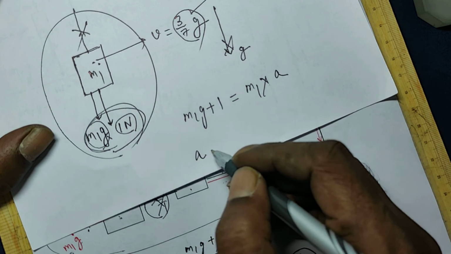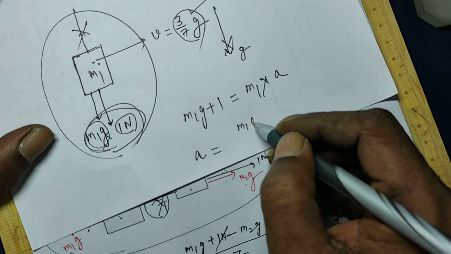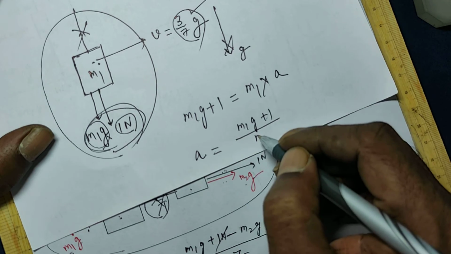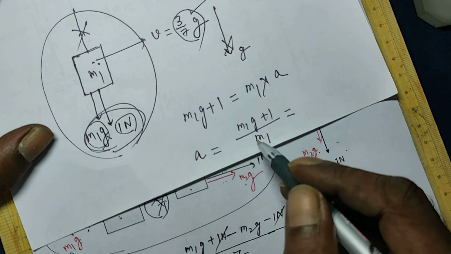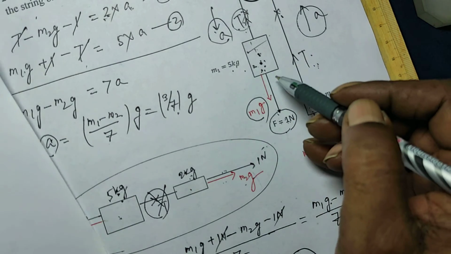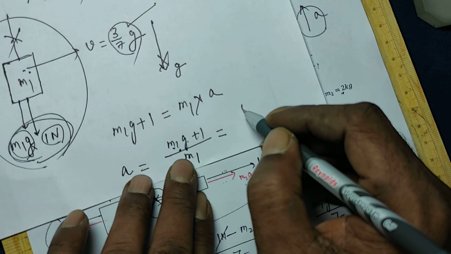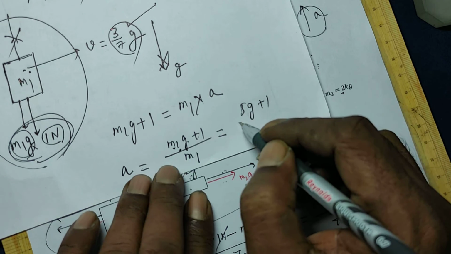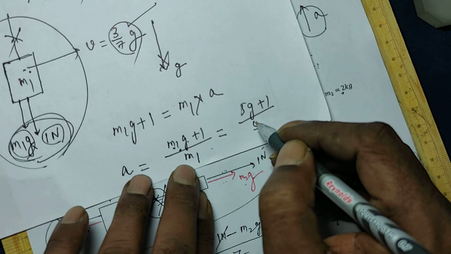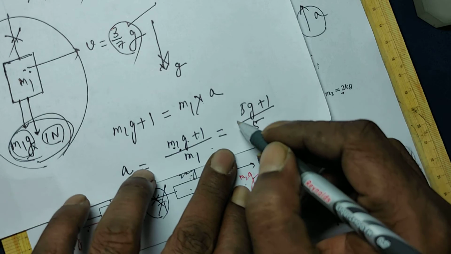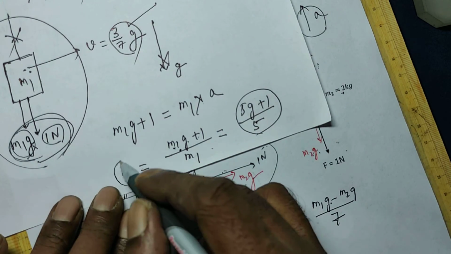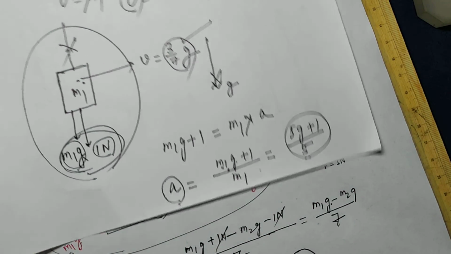So your present acceleration will be (m1g plus 1) over m1, and since the value of m1 is given as 5, it is (5g plus 1) over 5.